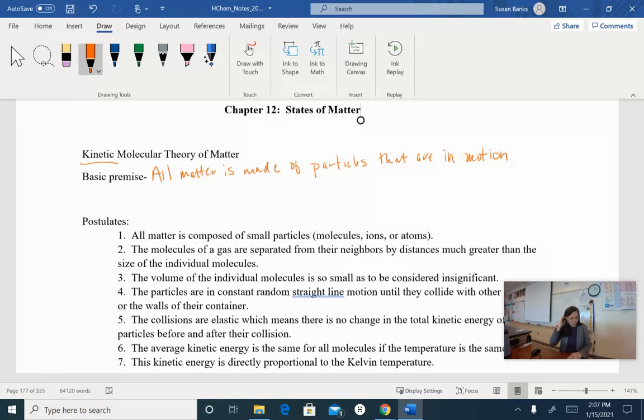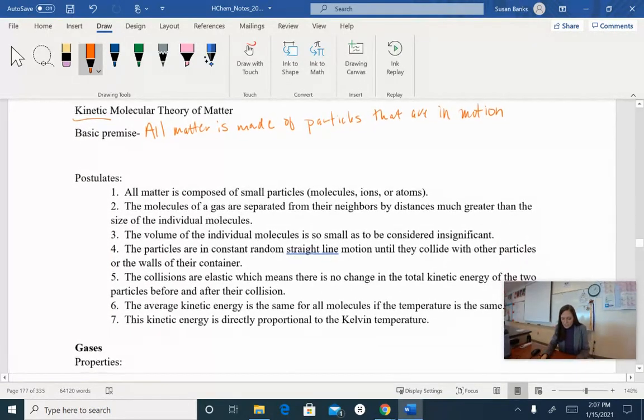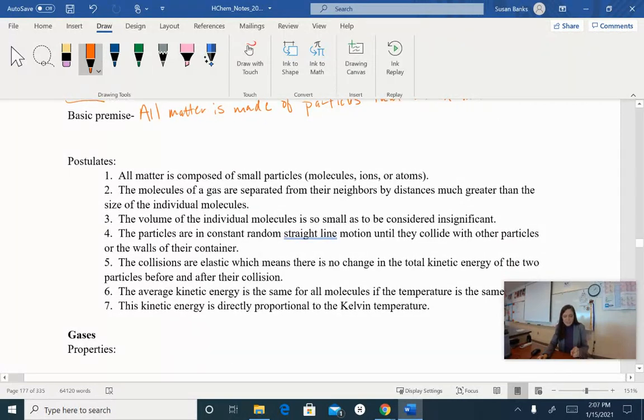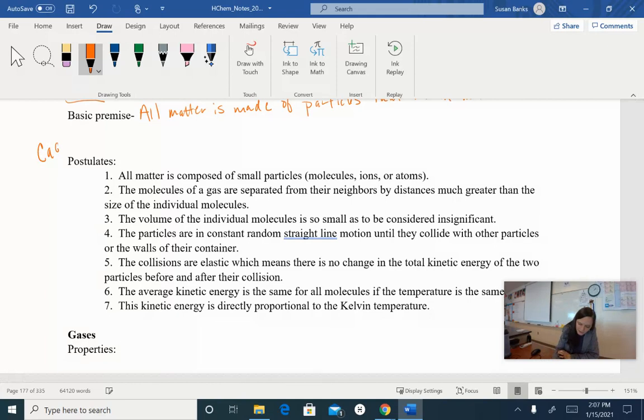Okay? So here are the main ideas of the kinetic molecular theory. Now, these postulates or these ideas are mostly in terms of gases. Now, these do apply somewhat to solids and liquids, but not all of them.